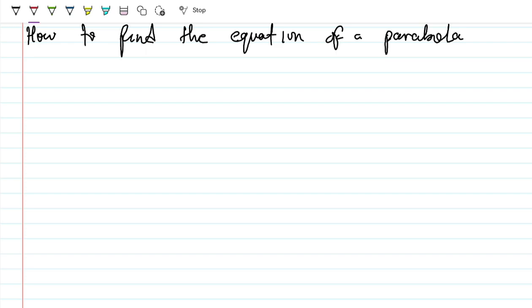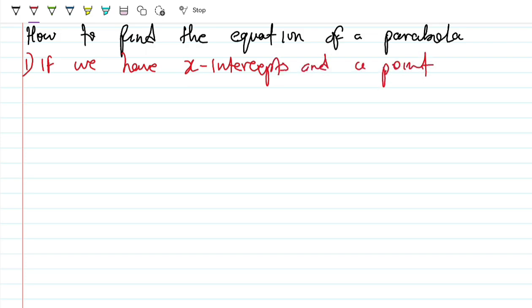So if in our graph we have x-intercepts and another point, we are going to use this formula. If we are given x-intercepts and a point, this is the formula that we are going to use to find the equation: y equals a into (x minus x1)(x minus x2).